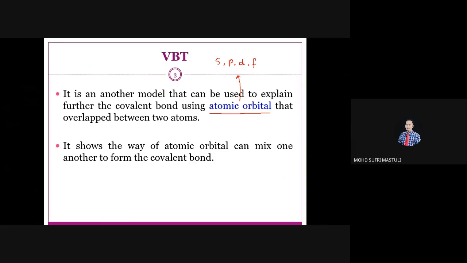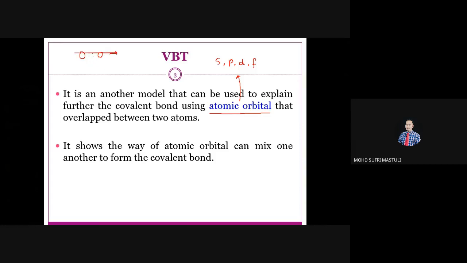Before this, if you wanted to explain the bonding, we just used the Lewis structure. For example, oxygen is formed between two atoms; the two oxygens form a double bond.